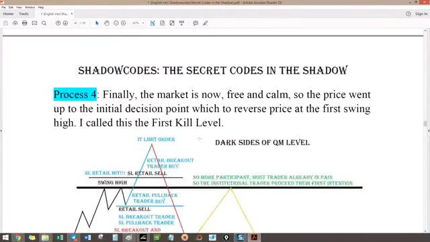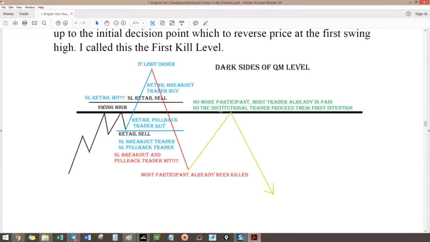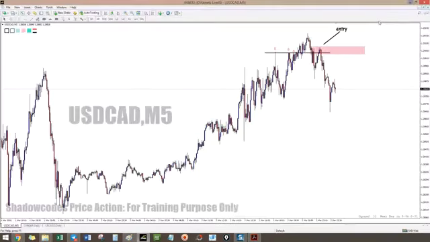So it will come back at the first swing high, the first fake out level. This one we'll be learning in chapter 4. This one will go into detail in chapter 4. The QM will go into detail in chapter 4. So now we just need to recognize the pattern first.